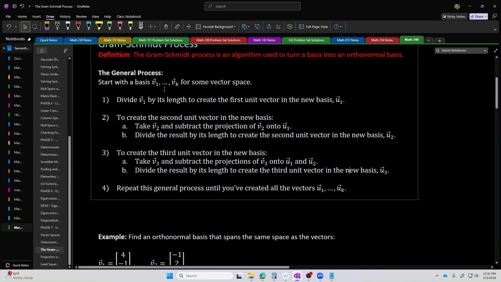Then take the second vector out of your original basis, project it onto u1, and subtract that projection from your v2 vector. The result of that is going to be perpendicular to u1. So then just rescale that result and make it into a unit vector, and that's going to form the second element of your orthonormal basis. So that's how this process evolves.